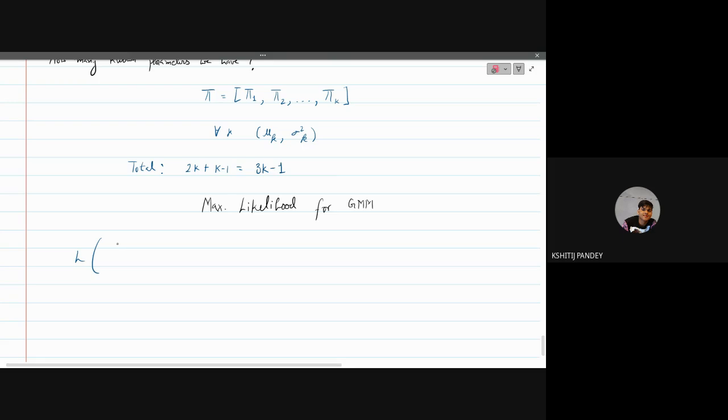So here, first of all, you will have the means of all normal distributions, and you have k normal distributions, so mu 1 to mu k. Then you'll have sigmas, that is variances for the normal distributions. You have k variances, and then you have k pi's, pi 1 to pi k.